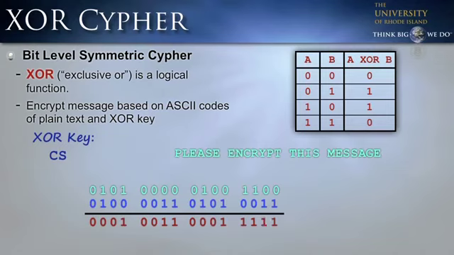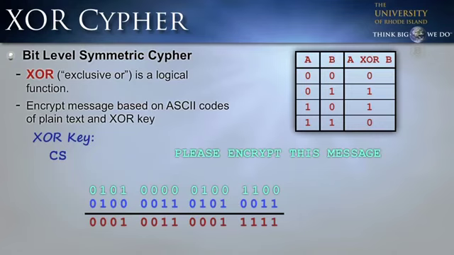Next, we do an exclusive OR between each of the bits in our message with each of the bits in our key. And the first bit of our encrypted message will be 0 XOR 0, which is 0. And then as you see here, we take each pair, XOR the 2 bits together, and in red you'll see what the bit of the encrypted message is.